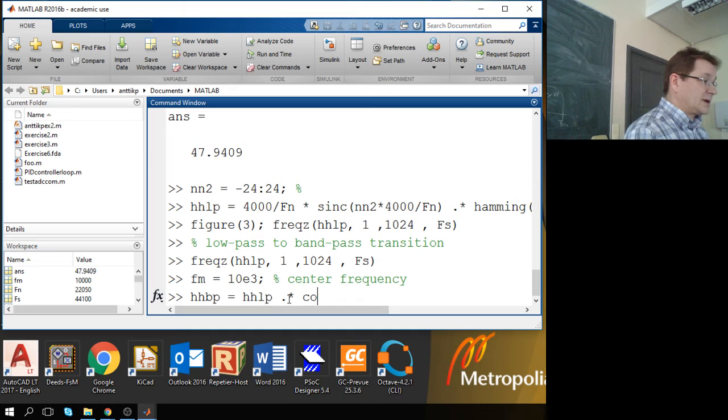So low pass filter is basically two pi. Okay, something's missing. Divided by sampling rate. Yes.